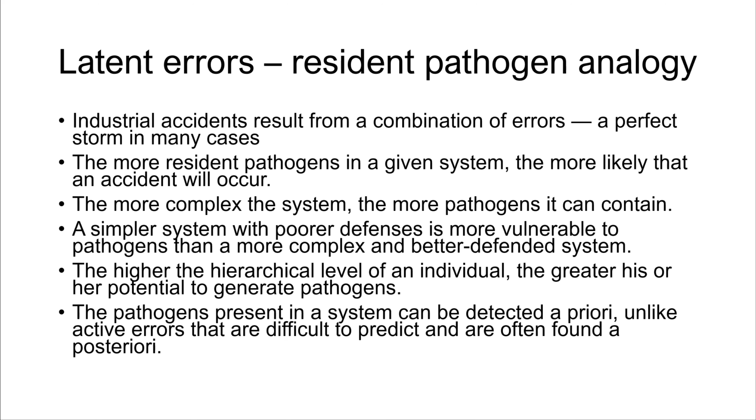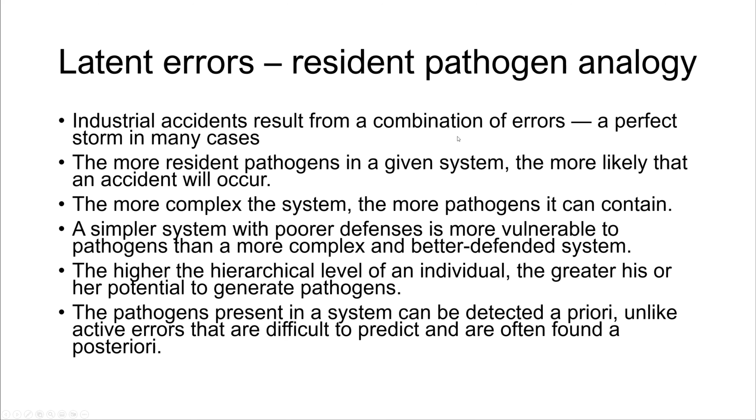The more complex the system, the more pathogens it can contain, and often it does contain. A simpler system with poorer defenses is more vulnerable to pathogens than a more complex and better defended system. The higher the hierarchical level of an individual, the greater his or her potential to generate pathogens.